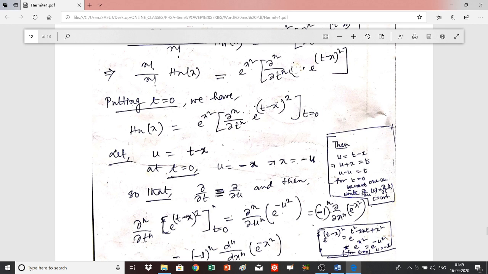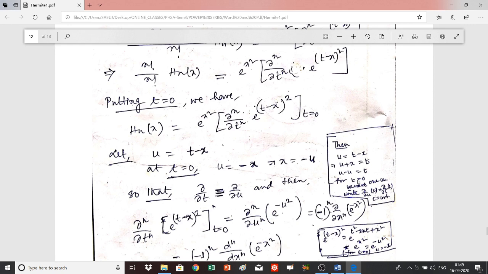One can write del u of a function or a constant, since t is equal to 0 and u is also 0 from here. So then you can write del u of c is equal to del t of c, where c is a constant and both will give you 0.